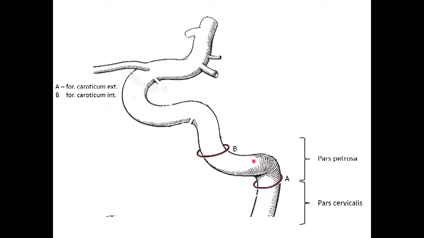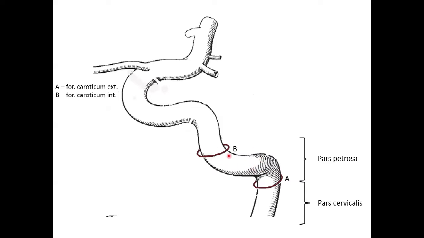It is at practically a right angle to the pars cervicalis, so it's turned at a right angle and passes inside the temporal bone.